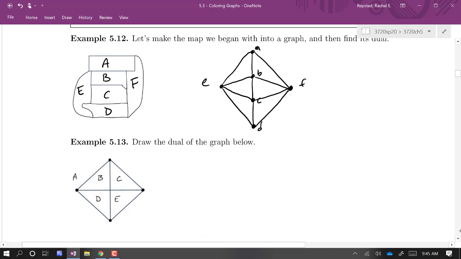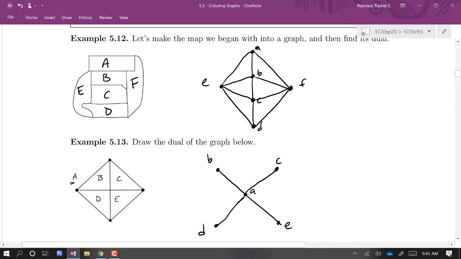Here's another graph. We've labeled the faces here. In this case, we've labeled the outside face. We should note that, so that outside face will have a vertex. And note that the outside face borders all the other regions. So I'm actually going to put that vertex in the middle, and then the other vertices around it. So everything's connected to the outside face.